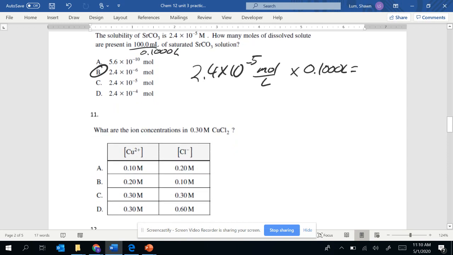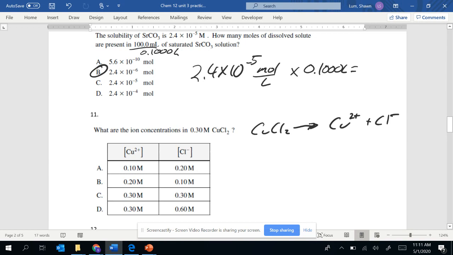So we'll go on to this next one right here. What is the ion concentration of this one of 0.3 CuCl2? We did this before spring break, and I've talked about this already in previous questions. If this thing completely dissolves, it would be just like that. Actually, I should write 2 plus.